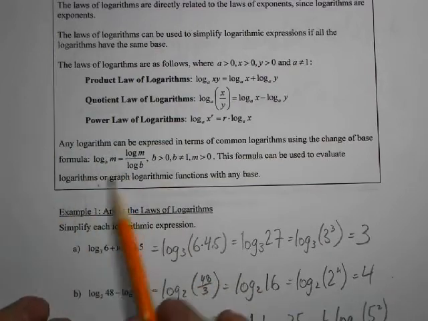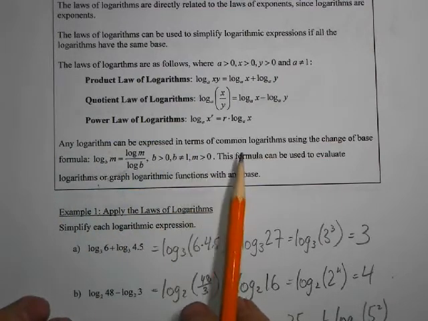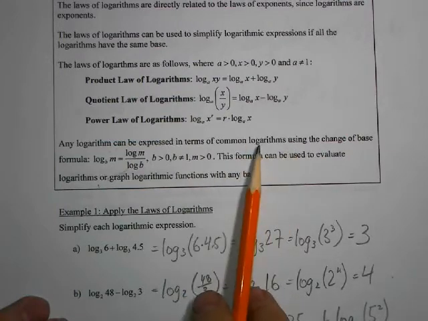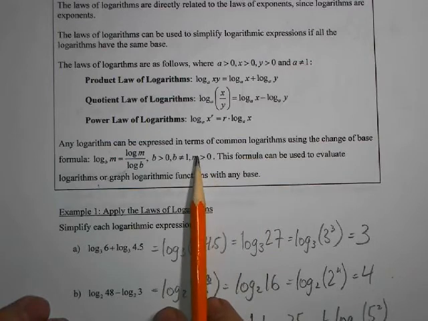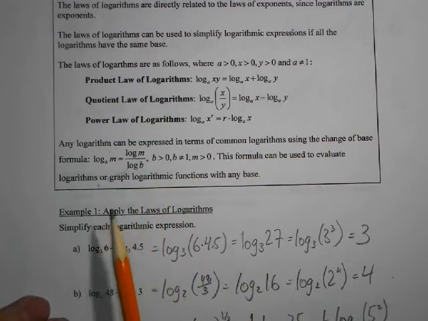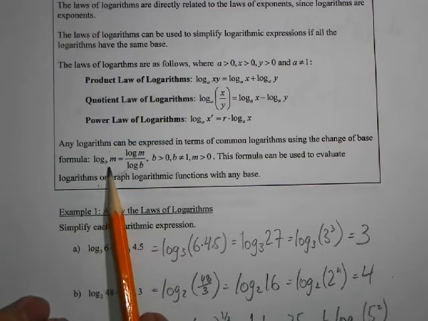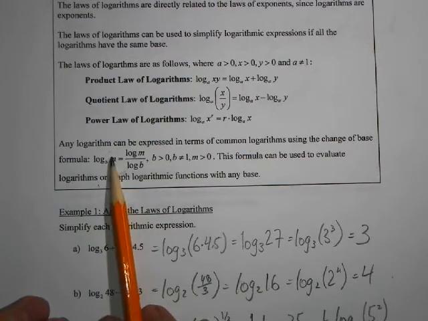Any logarithm can be expressed in terms of common logarithms using the change of base formula. This change of base formula is going to be your best friend if you want to evaluate any log of any base. So this is saying log base b of m. b could be any base, and m is what you're taking the log of.